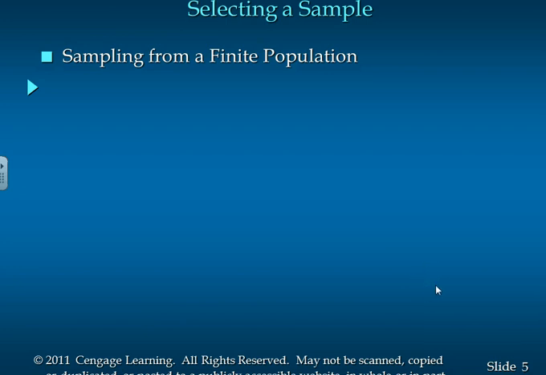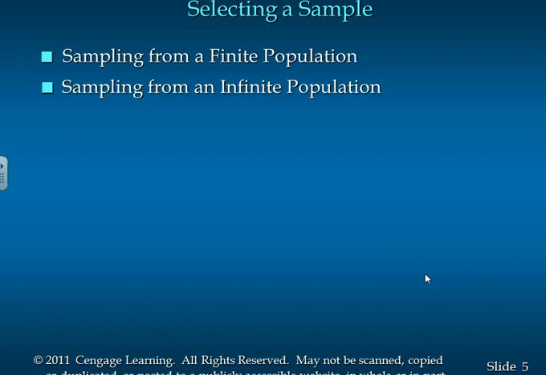We have a finite population in the United States. What's that, about 300 million or so? We could be sampling from an infinite population. Anything infinite that you know of? Let's see, stars in the galaxy, 10 to the 11th. Galaxies in the universe, 10 to the 11th.